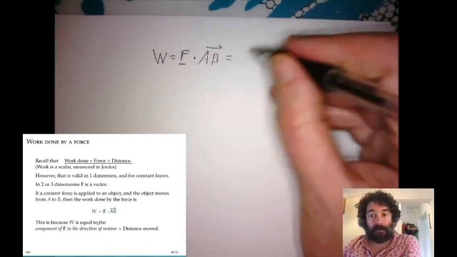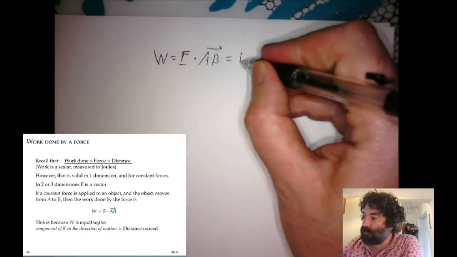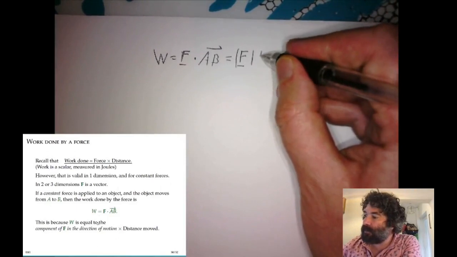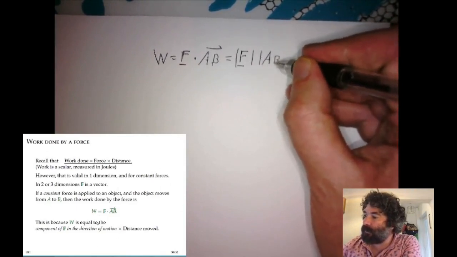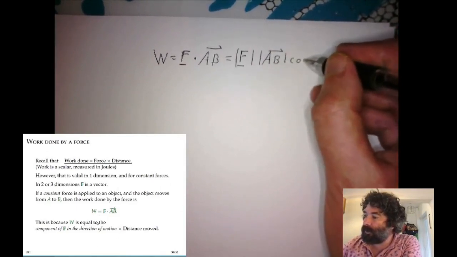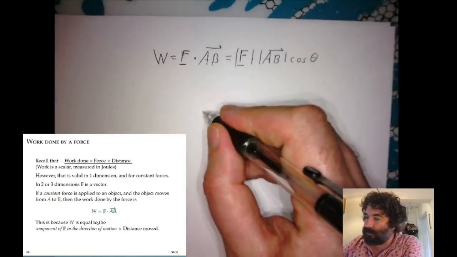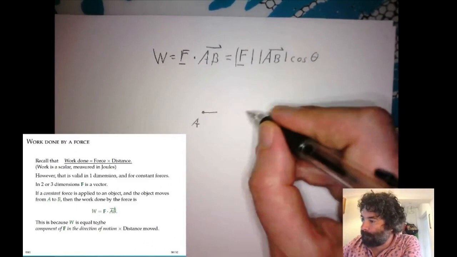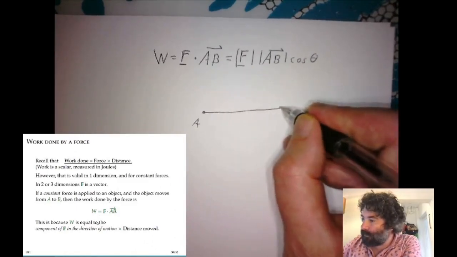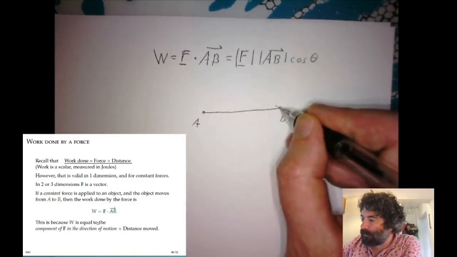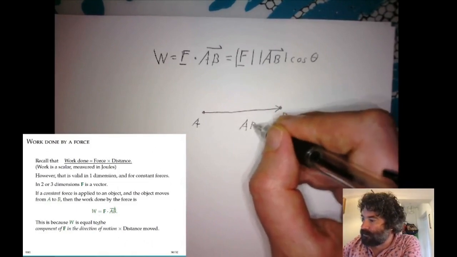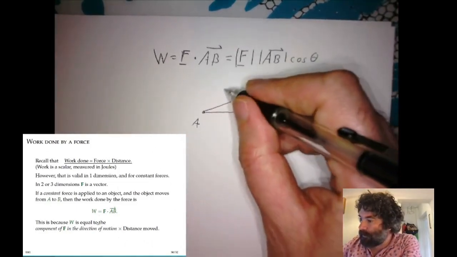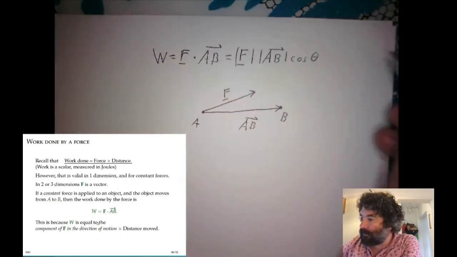And remember, when we discussed the definition of the dot product, one of the equivalent definitions is this is the magnitude of F times the magnitude of the vector from A to B times the cosine of the angle between them. So we have here A, here B, this is the vector from A to B. We have a force F here.